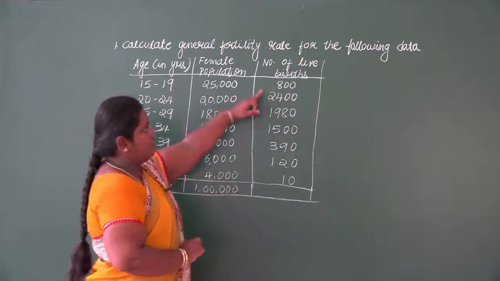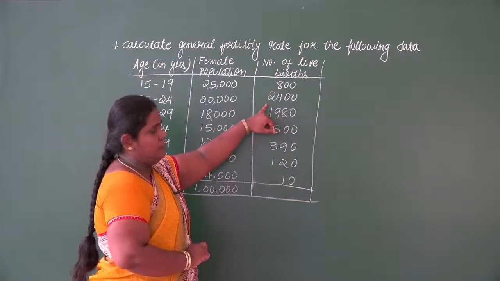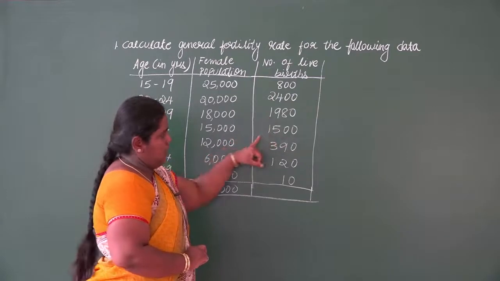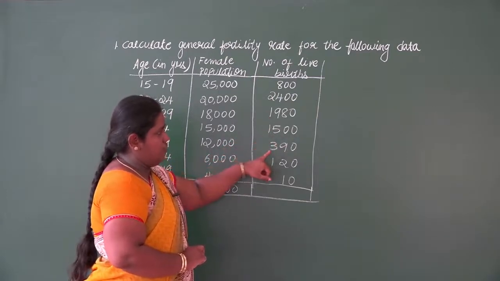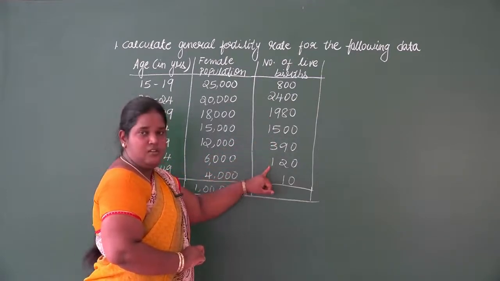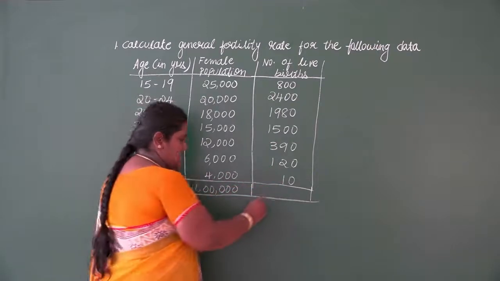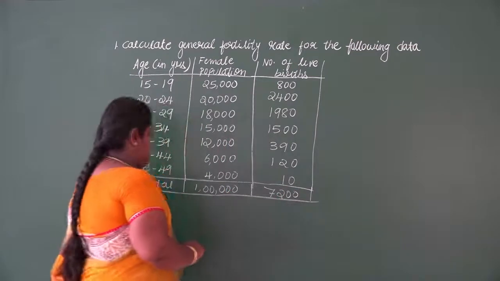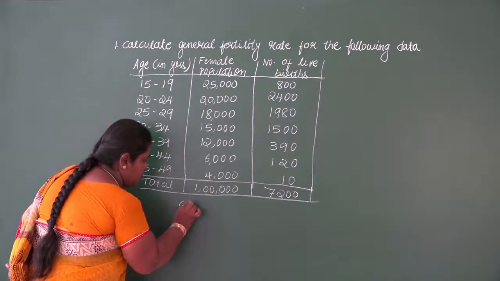Similarly, add the live births: 800 plus 2,400 plus 1,980 plus 1,500 plus 390 plus 120 plus 10, and you get 7,200. Now substitute in the formula.